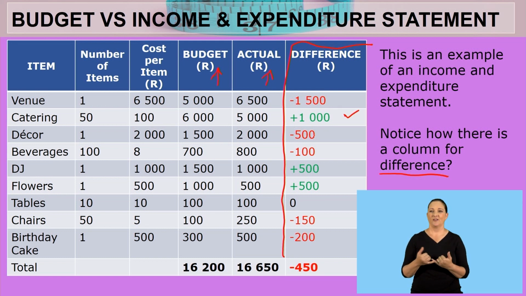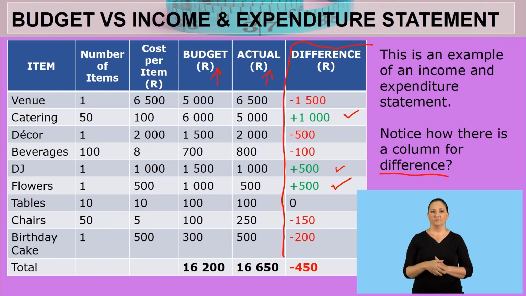Decor, negative 500 Rand. That's a deficit. Beverages, negative 100 Rand, another deficit. But the DJ, 500 Rand plus, surplus. Good thing. Flowers, 500 Rand plus. Good thing. Now look at the next one. This is 0.